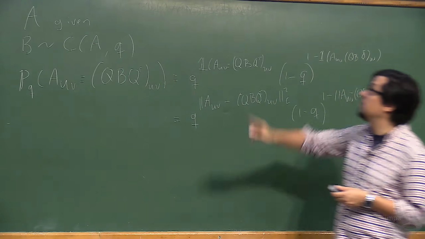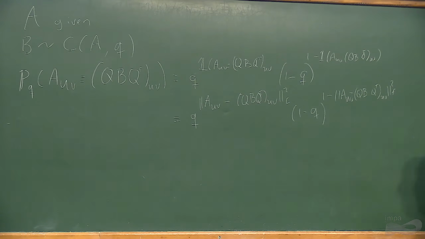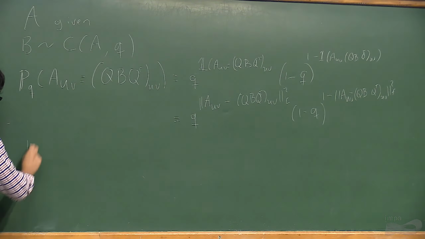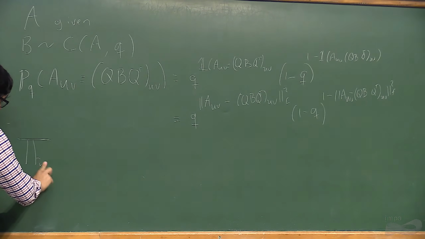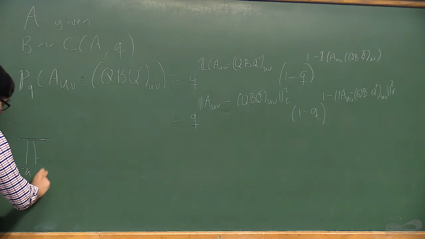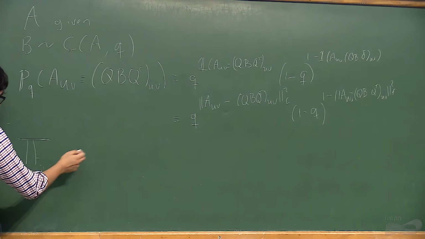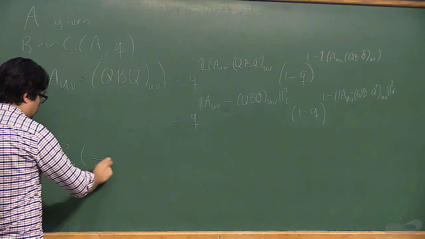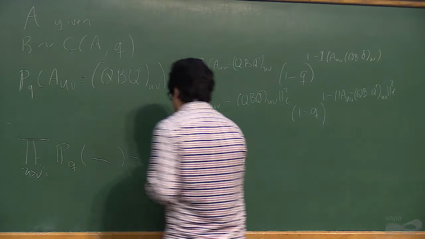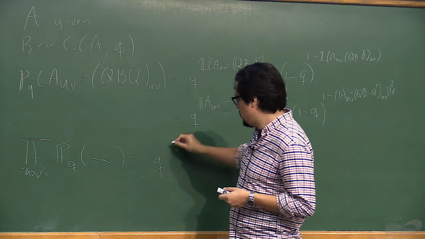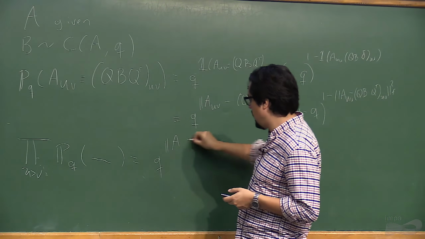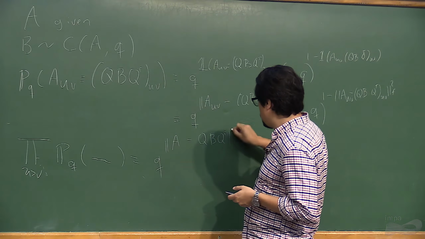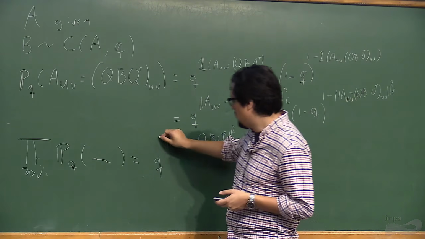When I take the product over all the possible edges of the graph, u greater than v, or the whole likelihood of the graph, this is simply going to be equal to Q to this difference, A minus Q B Q transpose in Frobenius norm, squared over 2.